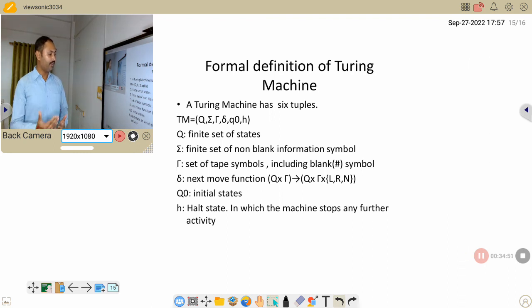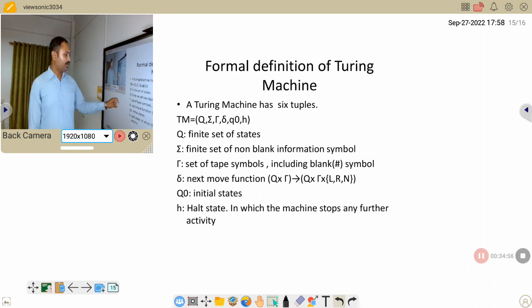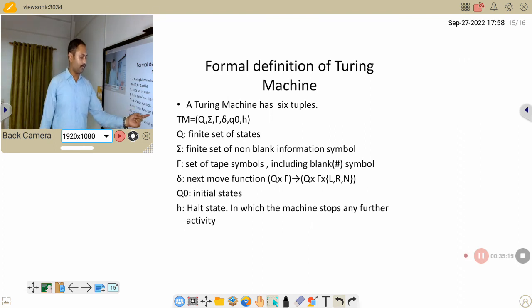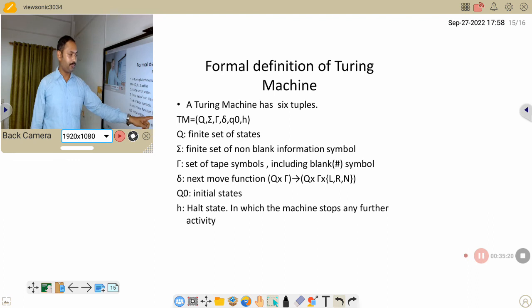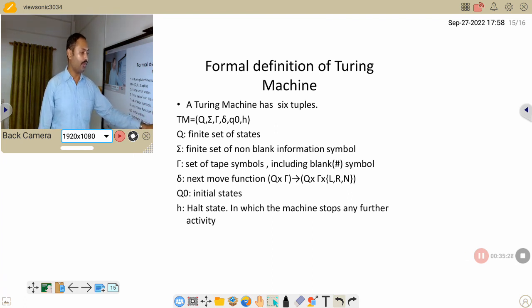Means after performing the write operation, the symbols we are getting are denoted by this tau, and this includes the blank symbol also. And H is the halt state. And this is a transition function. So every Q, after accepting an input symbol, will again go to another state which is also in Q, and the movement will be left, right or neutral.